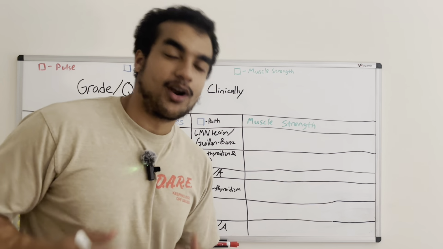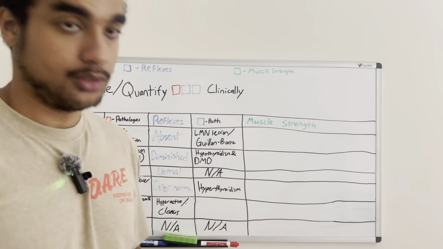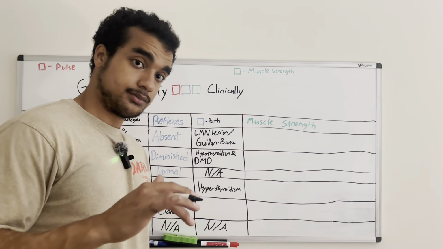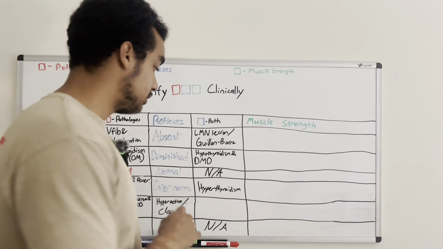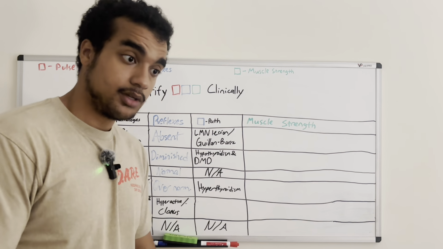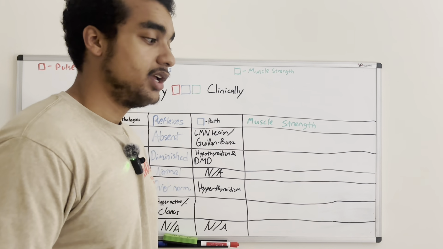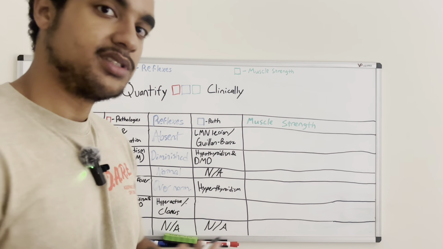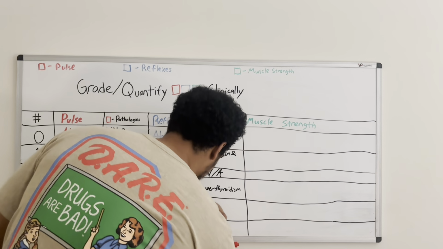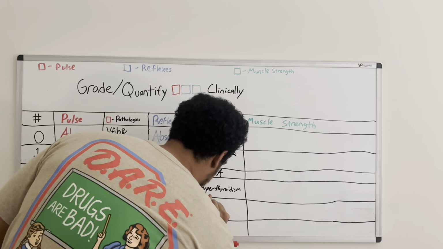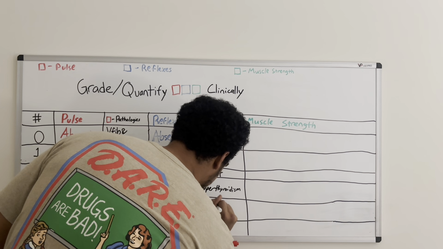Now, for hyperactivity or clonus, right? One thing that can cause hyperactivity, continuous muscle contractions, and or spastic movements of the muscles is hypocalcemia.